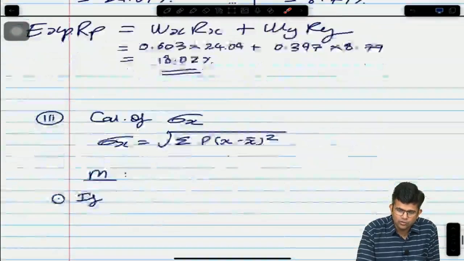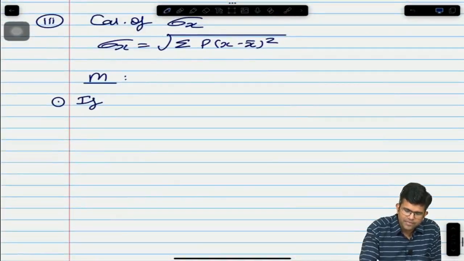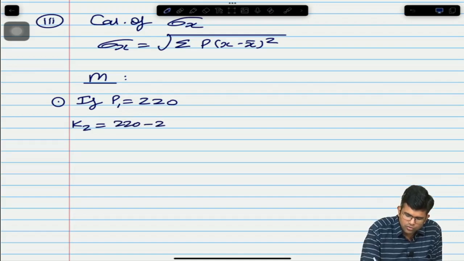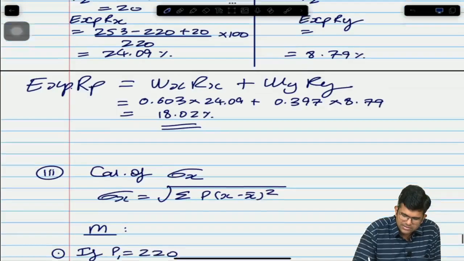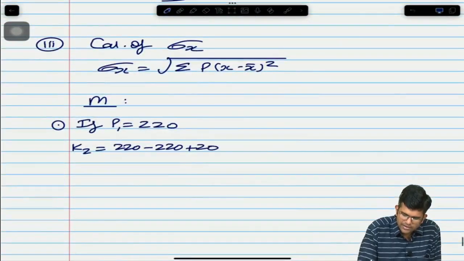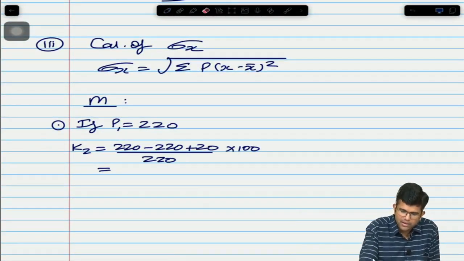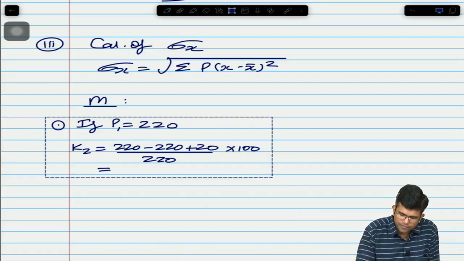So if P1 is 220, can I say K2 will be 220 minus 220 plus 20 upon 220 into 100. Students, instead of 253, I am taking the original data, that is 220. Everybody clear?